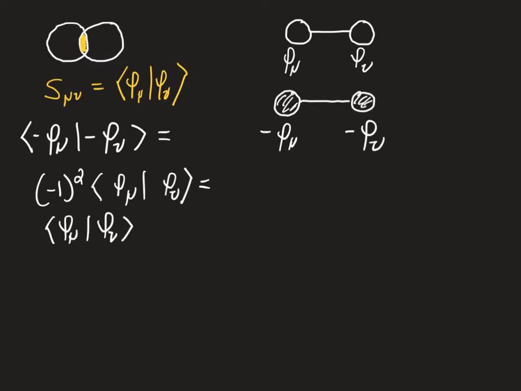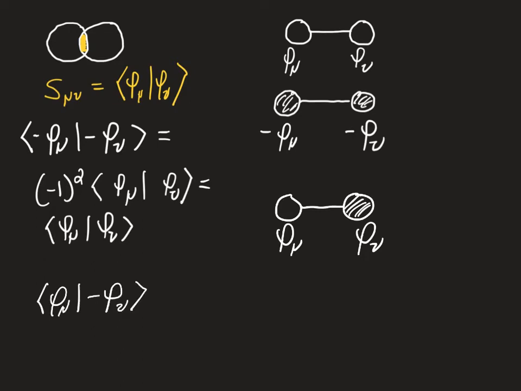If we look at the out-of-phase combination, which would correspond to an antibonding interaction, then now the overlap integral is this, taking out the scalar, we get this, which is equal to negative S mu nu.